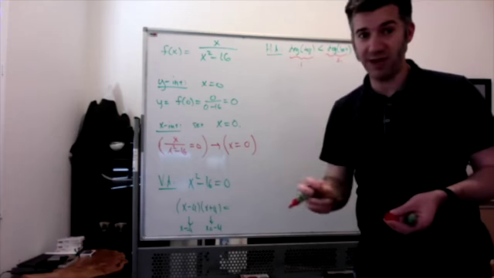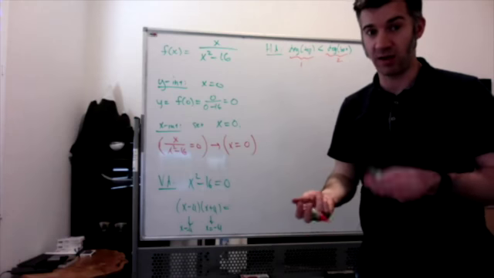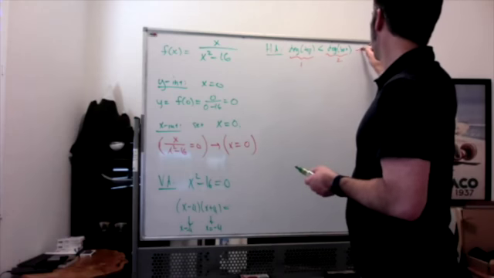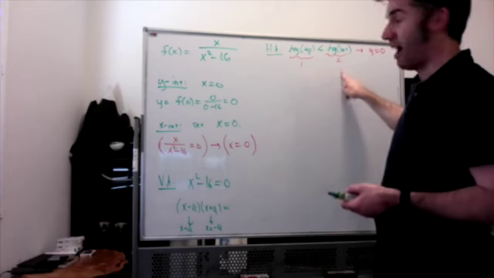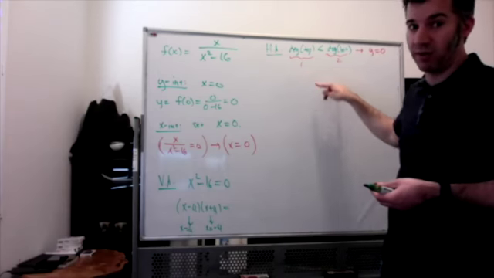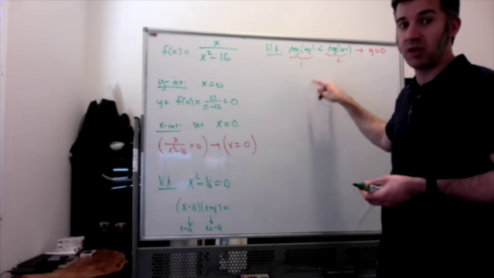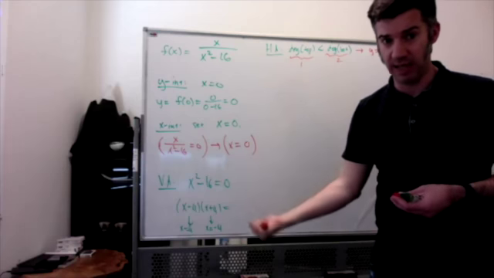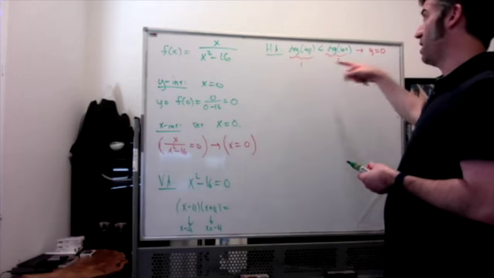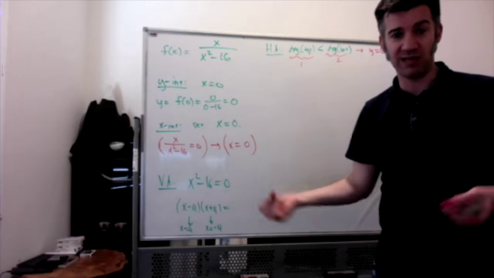So our horizontal asymptote is 0 because the degree on top is less. Our horizontal asymptote isn't 1/2, it's not the quotient of the powers. It's the quotient of the leading coefficients if the highest powers are the same. If the highest power on top is less, the horizontal asymptote is just 0.